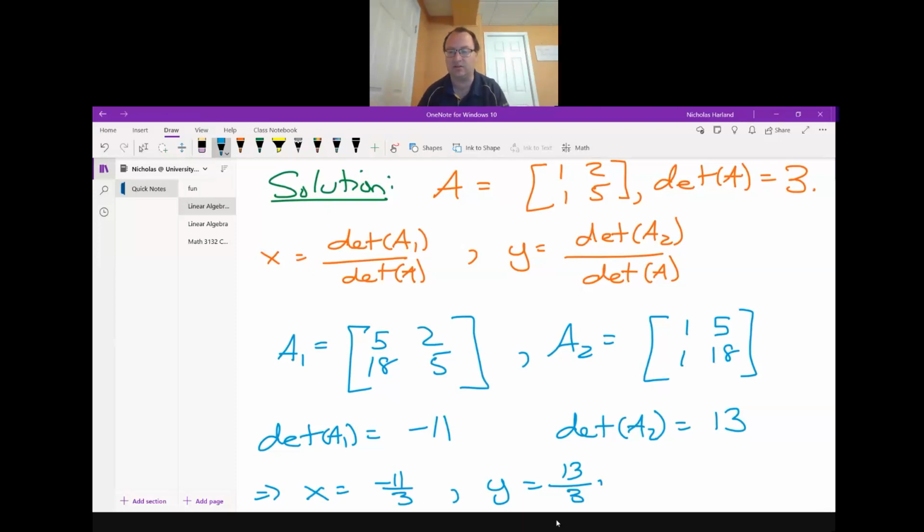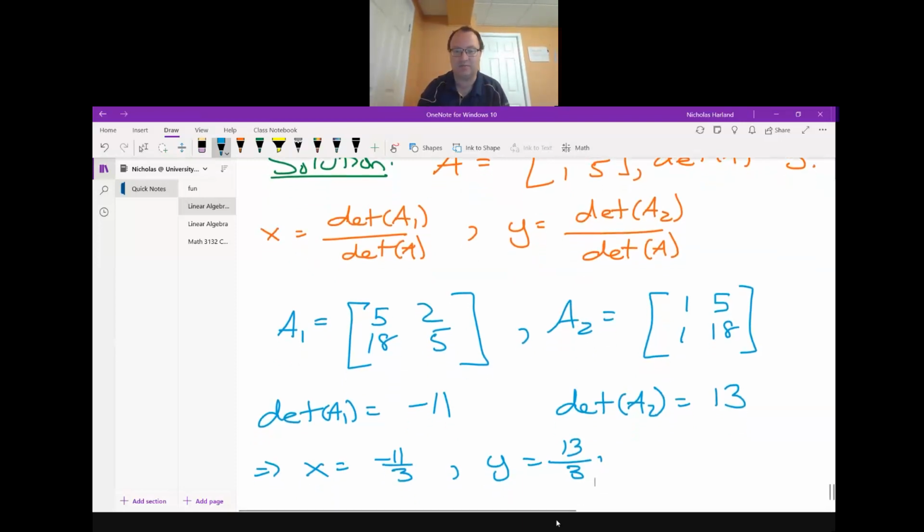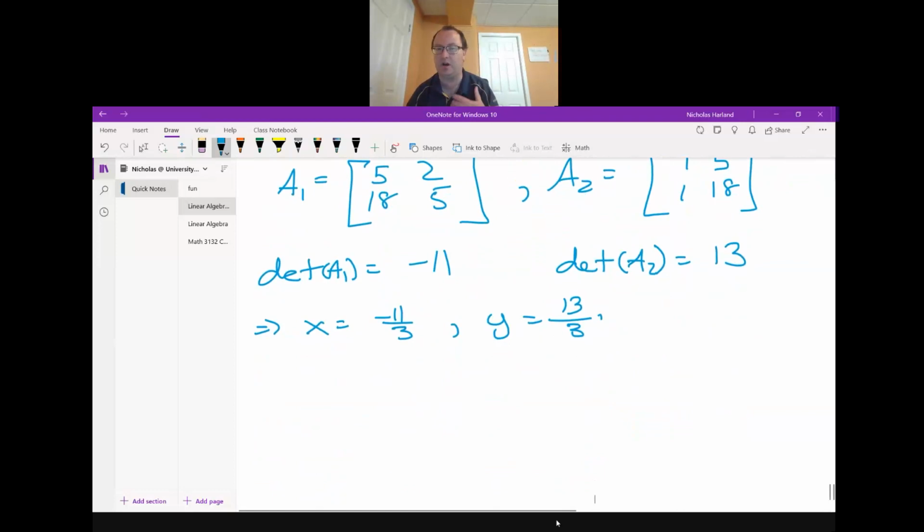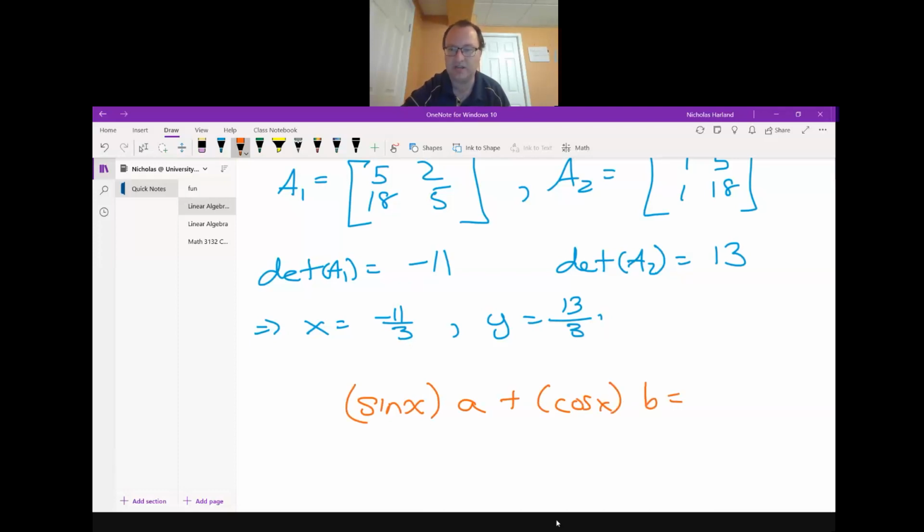Not that that's necessarily a complicated thing, but imagine solving a system like this. And this is very common in something beyond: if you had sine x A plus cos x B equals tan x, and negative cos x A plus sine x B is equal to 0.